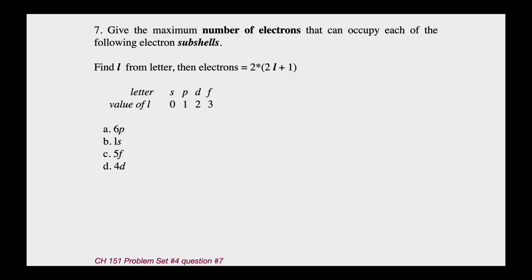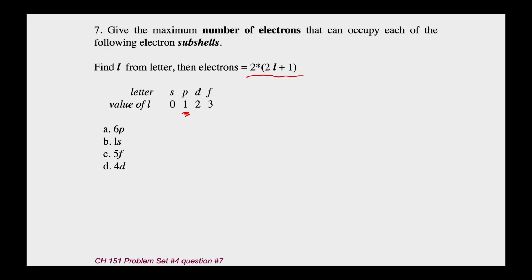But if you're curious where these things come from, SPDF, that comes from L values of 0, 1, 2, and 3. So if you want to find the number of electrons, if this is more the way you like to roll, this equation right here, 2 times 2L plus 1 will tell it. So for example, on the P one I talked about earlier, you can see that P has an L of 1.